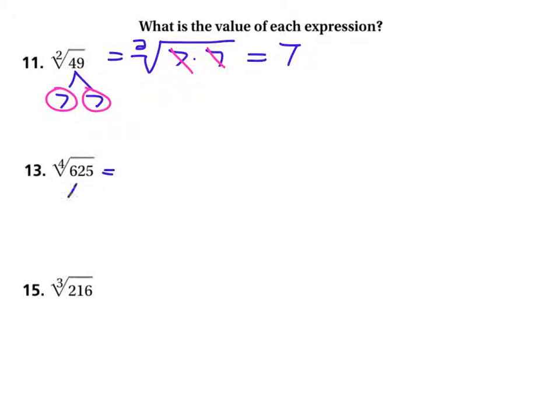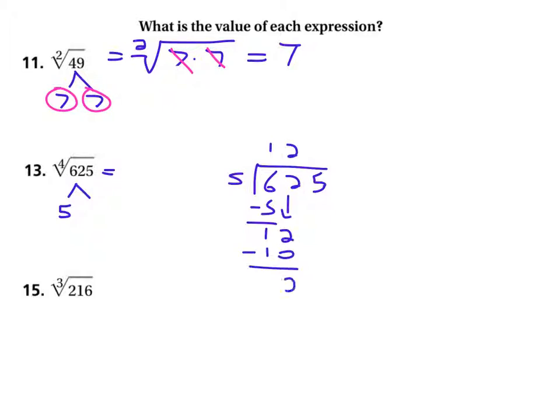If we were going to do the prime factorization of 625, you might know that it ends in 5, so we know that there's a 5 there, and then if you need to, you can just do the division to see what the other number is on the other side. So 5 goes into 6 once. 5 goes into 12 2 times, that's 10.